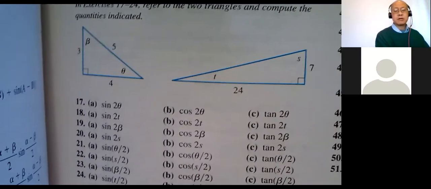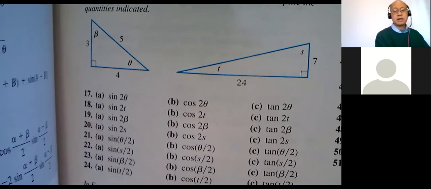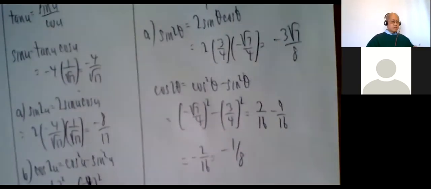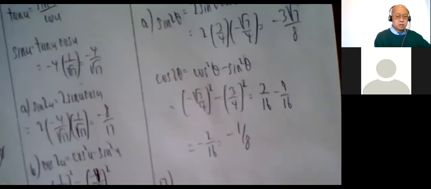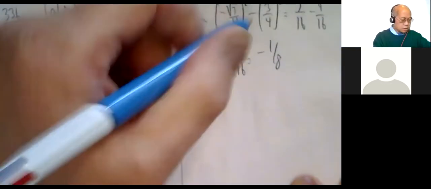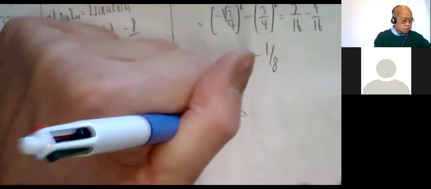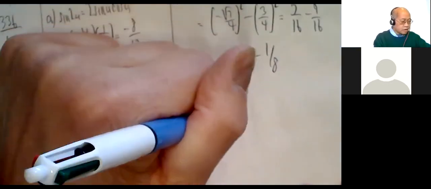Okay, so how about I'll show you, say 17. Sine of 2 theta, cosine 2 theta, tangent 2 theta. Go from there. So 17. Three, 4, 5, theta, beta.